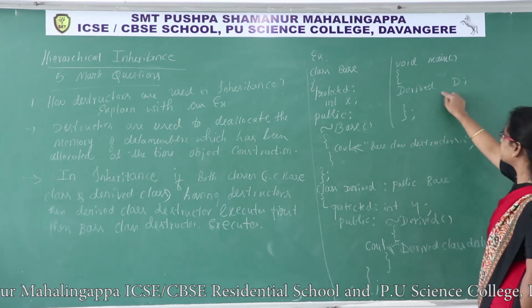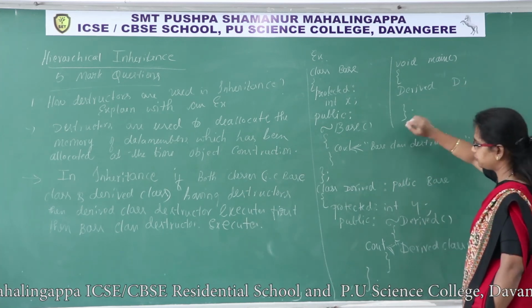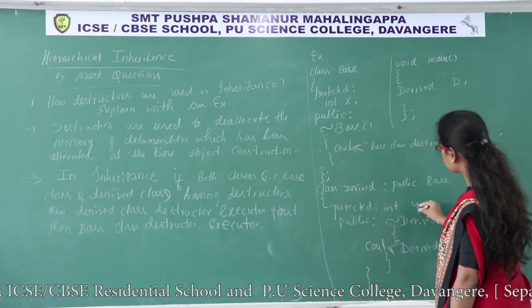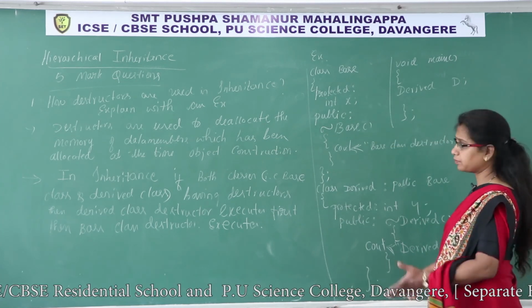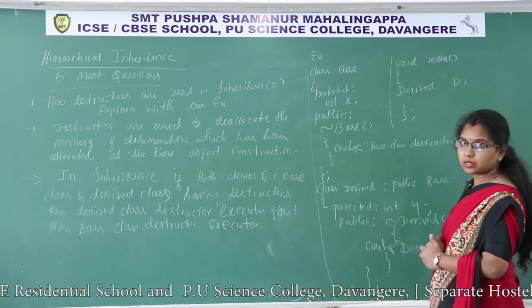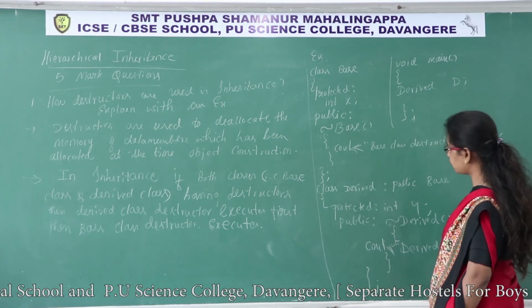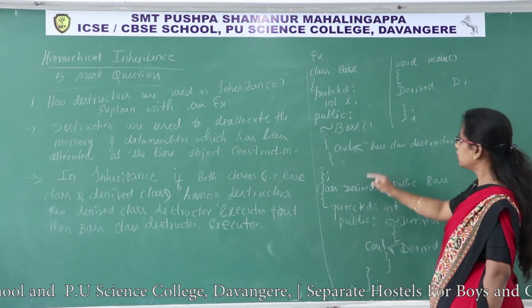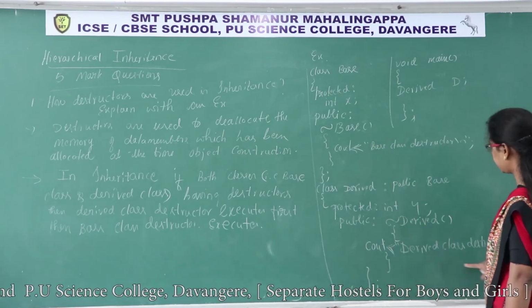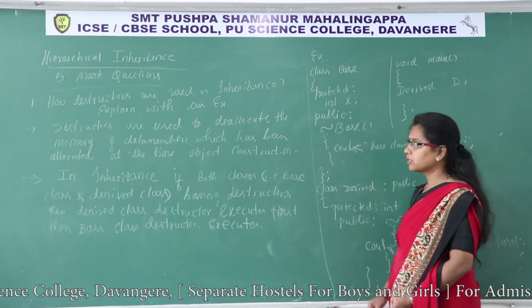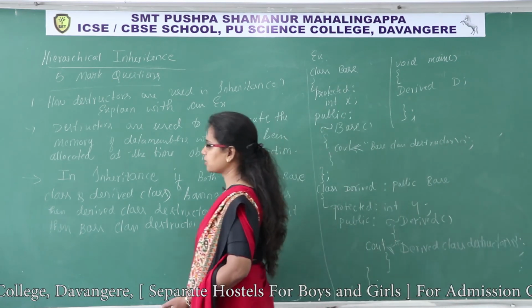So when we create an object, the base class data members and derived class data members will be constructed, meaning that memory will be allocated. After completion of this program, which destructor will execute? This destructor will execute first, then this destructor. So it displays derived class destructor, then later base class destructor. So in this way we have to write the explanation.